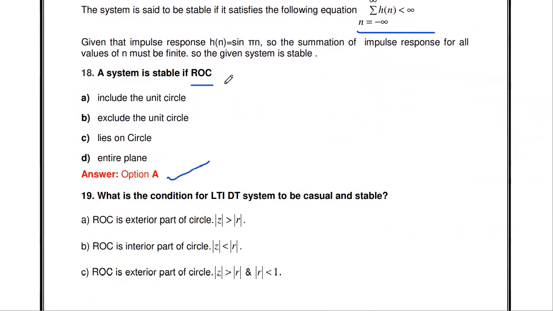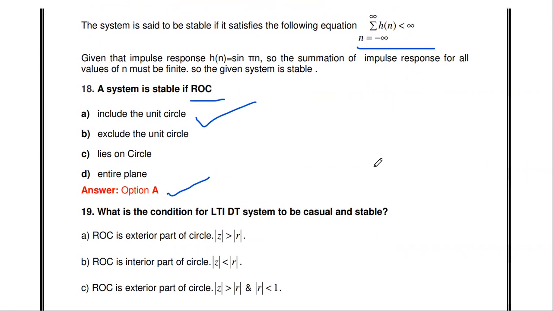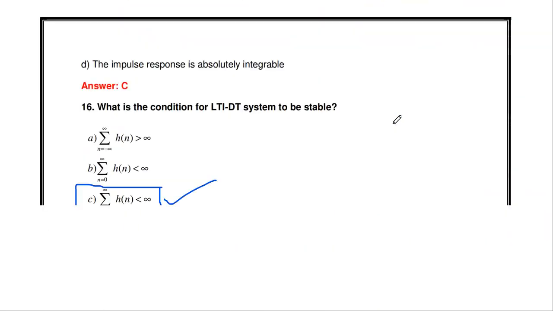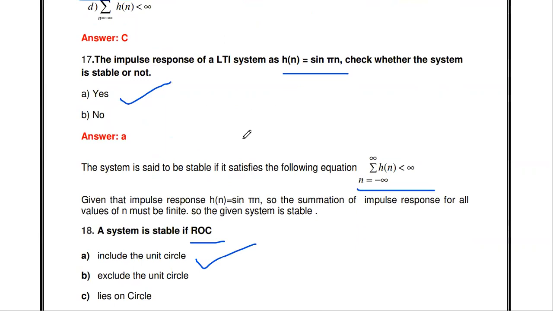In terms of ROC, if the ROC includes the unit circle, meaning the circle of radius 1, then the system is said to be stable.